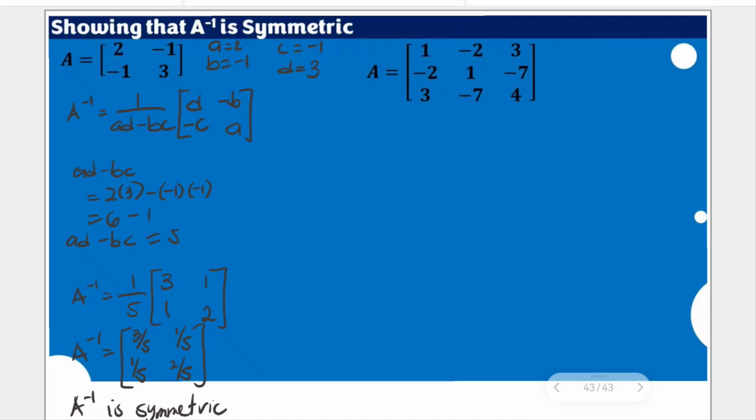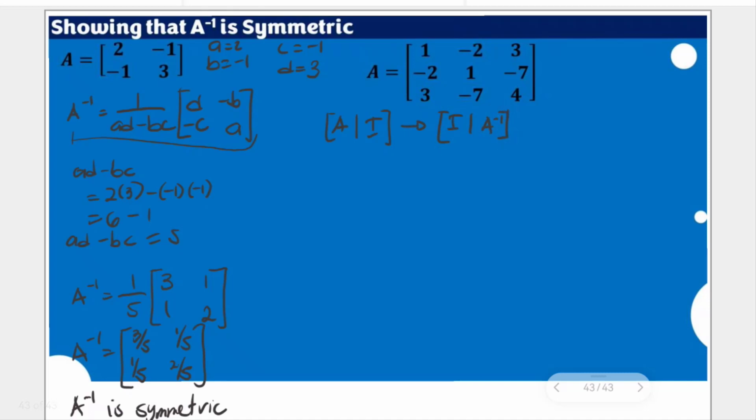Now, let's proceed to our 3 by 3 matrix and show that its inverse is also symmetric. Here, we cannot use this formula, since it is for 2 by 2 matrices. What we could do is use an adjoint matrix: we pair A with an identity, and it will later result in the identity and its inverse.